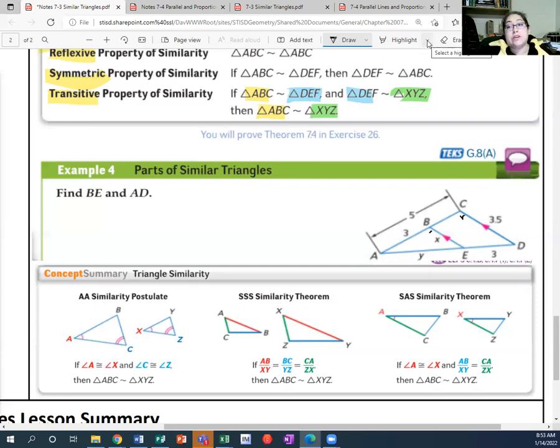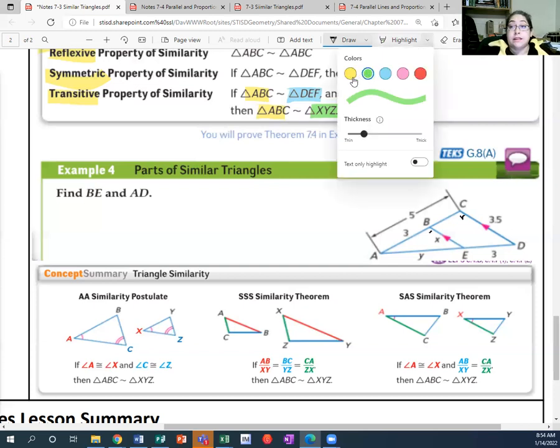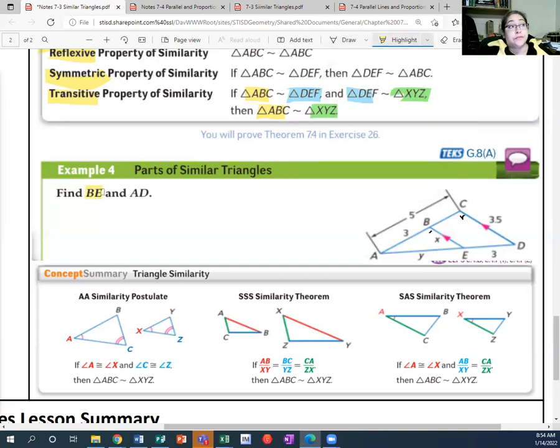That means that our sides are going to be in proportion. All right, going to get some highlighting going on. BE is this length right here, so we're going to need to find the value of X. So let me do that first. This side corresponds to this side in my big triangle.